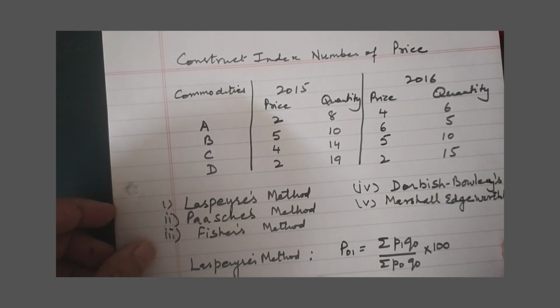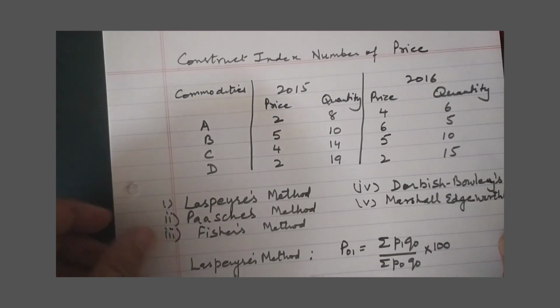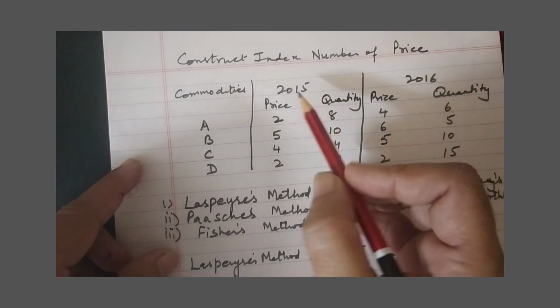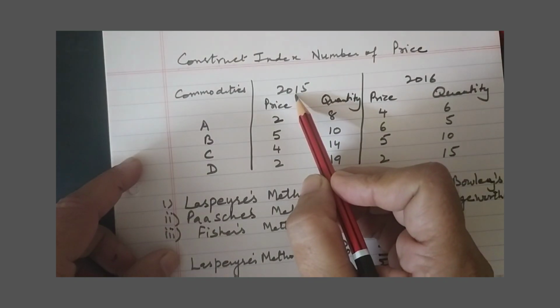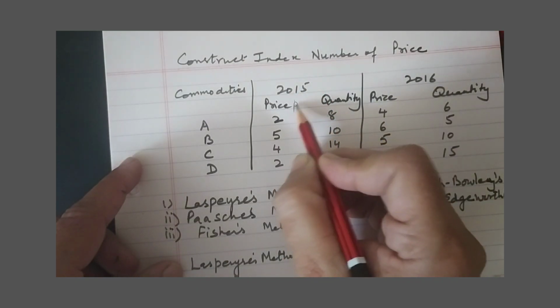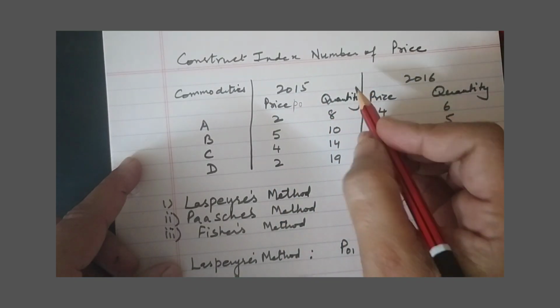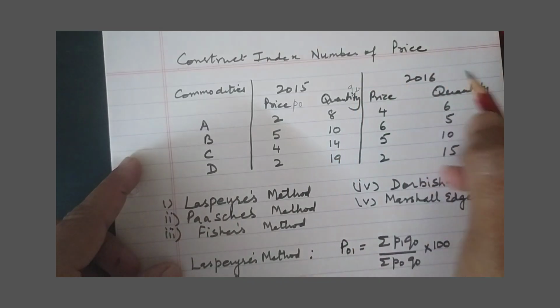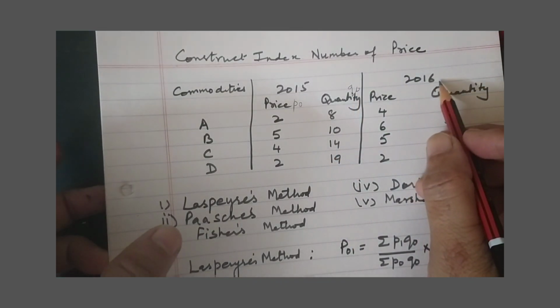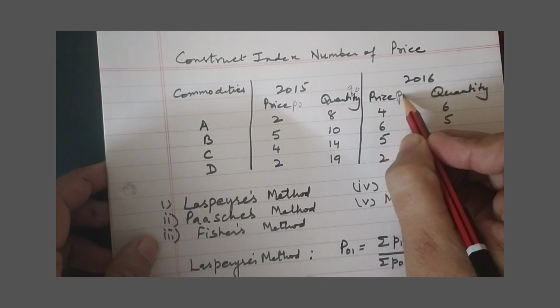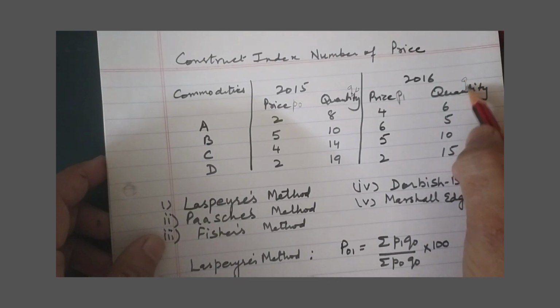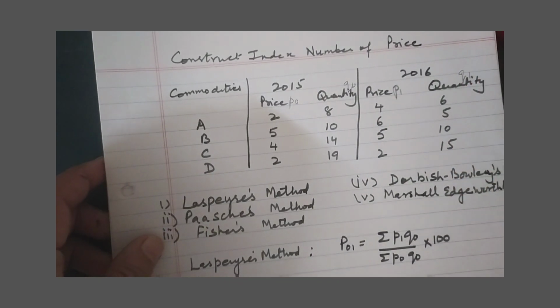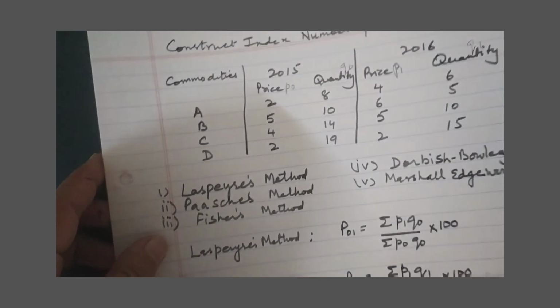So first let us mark these values. We know that the price and the quantities in the base year are P0, Q0 respectively, and since 2015 is given as the base year, we mark this as P0 and this quantity as Q0. The 2016 is the current year, so price is P1 and quantity is Q1. So let us construct the table based on these values.